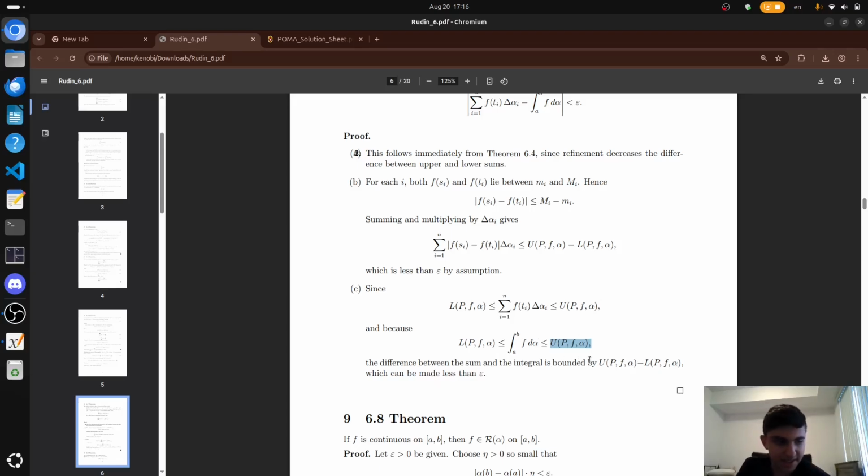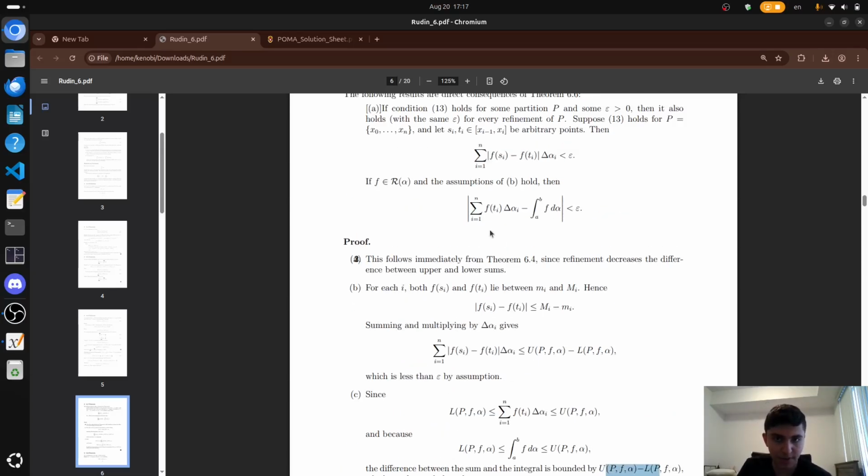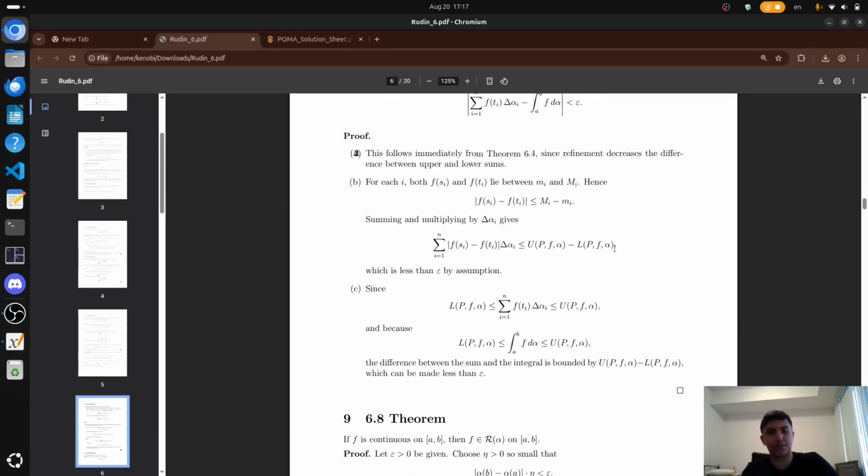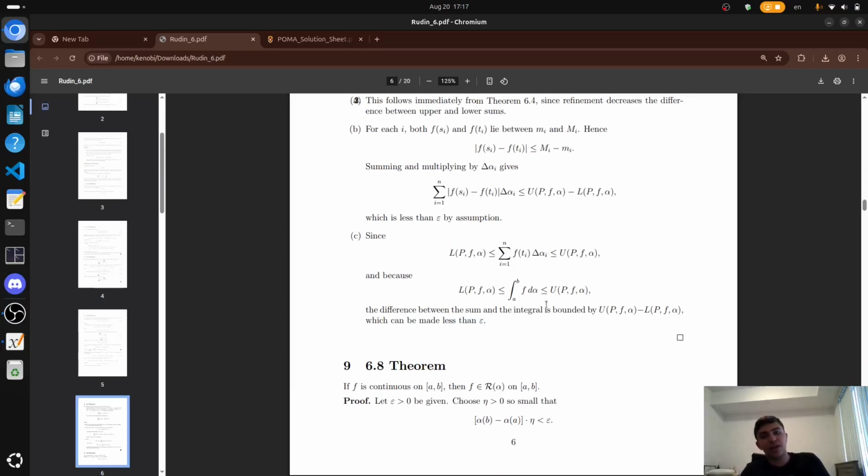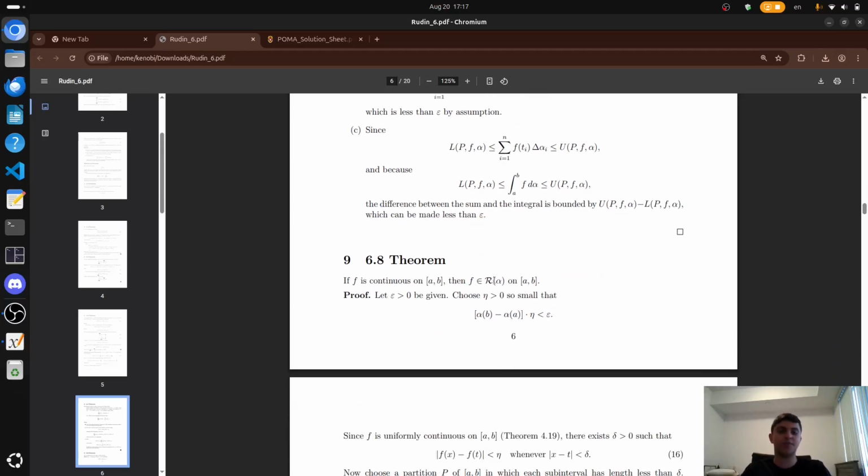And since it's less than that, and we know that that's less than epsilon, we can also make this less than epsilon, and that's the proof. That's the strategy: compare it with the actual integral, and show that since the sum corresponding to that actual integral is less than epsilon, and that's less than that thing, it's also going to be less than epsilon, which proves the statement.